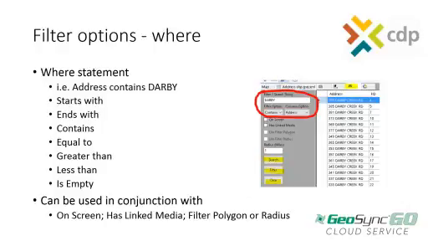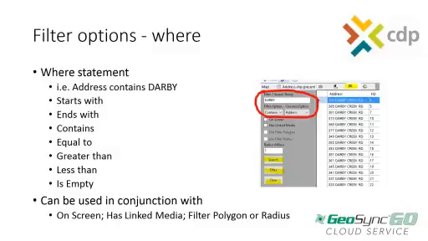Some of the options we can use to filter on with the where statement are starts with, ends with, contains, equal to, greater than, less than, and is empty. So you can take any column of data and look for different types of text that would match any of those criteria.